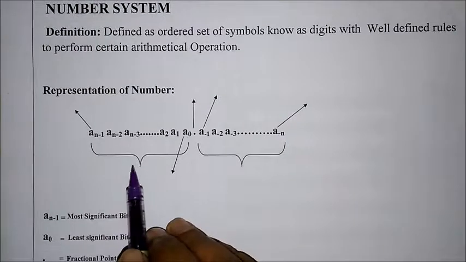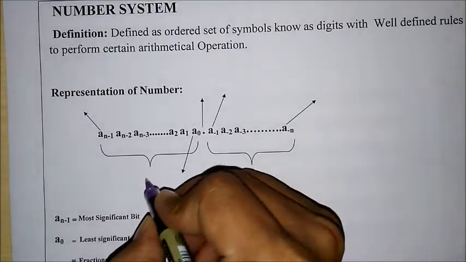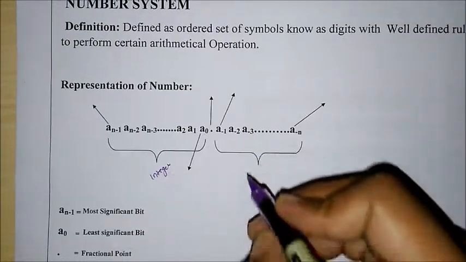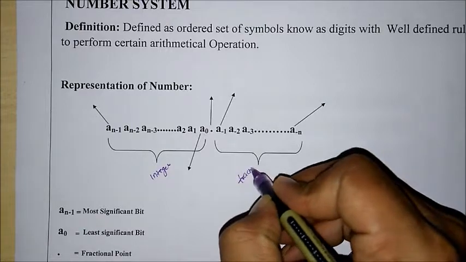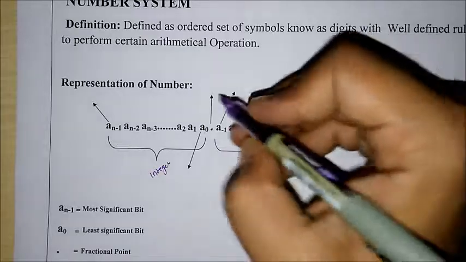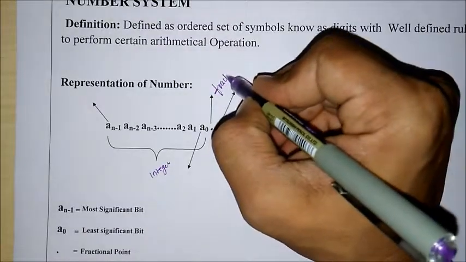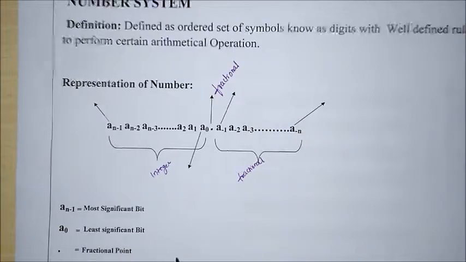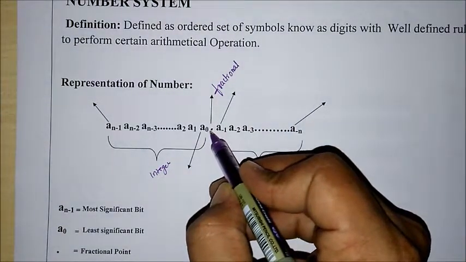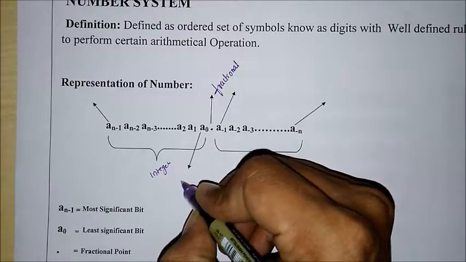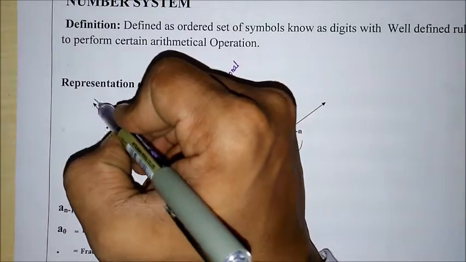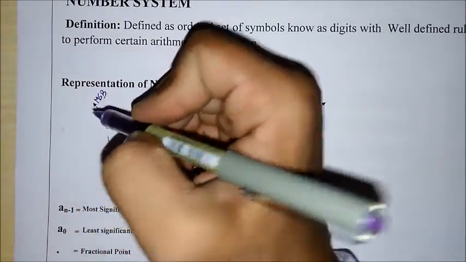Mainly a number consists of two parts. One is the integer part, the other is the fractional part, and they are separated by a fractional point. Moreover, in the integer part, the rightmost digit is called the least significant bit, and the bit on the leftmost is called the most significant bit.